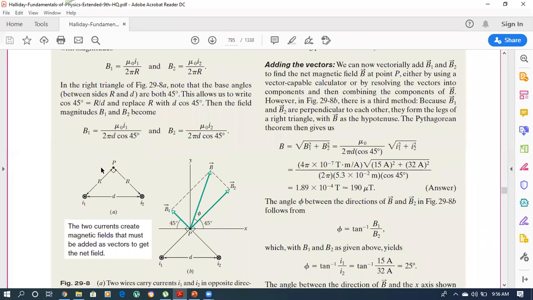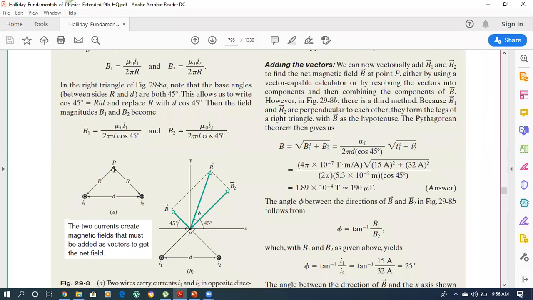Because point P is at equidistance from wire 1, I1, and wire 2, I2, we draw the triangle in a different orientation for our convenience.